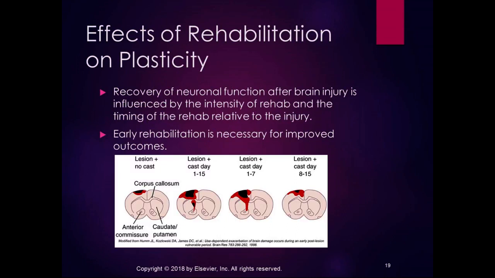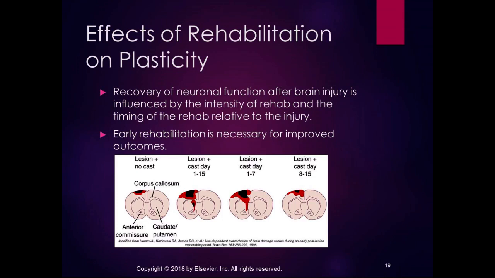So we can have a lot of effects on plasticity with the kind of rehab that we do. The recovery of neuronal function after brain injury is influenced by the intensity of rehab and the timing of the rehab relative to the injury. So early rehabilitation is necessary for improved outcomes. Prolonged lack of active movement following cortical injury may lead to subsequent loss of function in adjacent undamaged region of the brain.